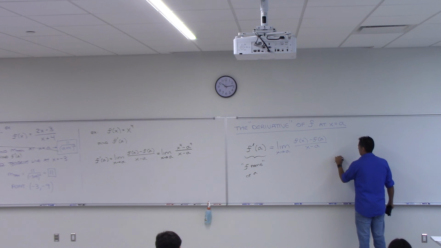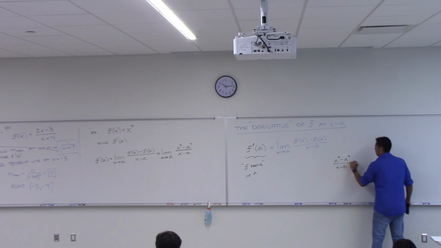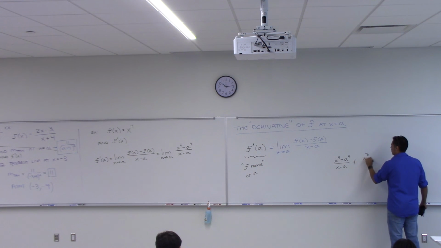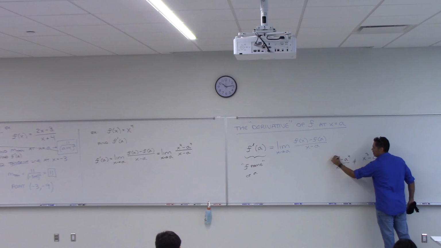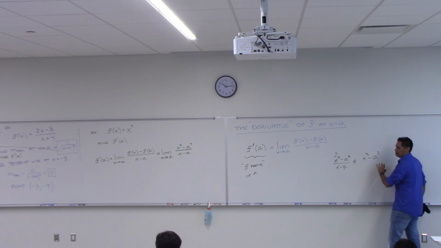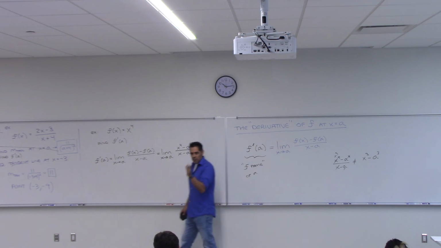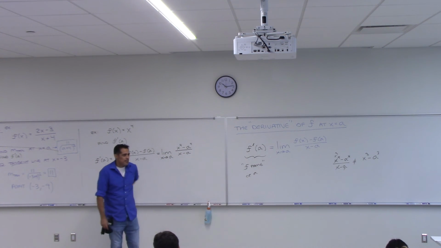Don't cancel an x there and make that x cubed. Don't cancel those. You can't do that, because you have subtraction between those. Do you all agree you can't?